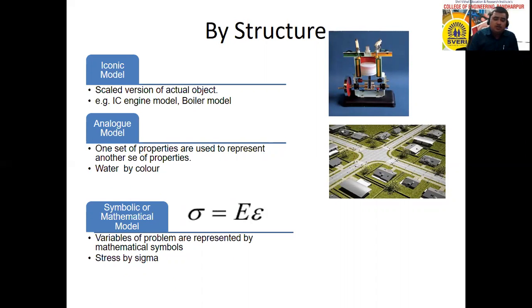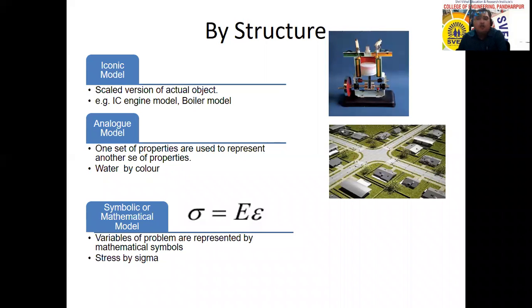It shows how the building will look, or where which sections will be. I think you have seen that too, building sections and building models. So these are called iconic models, where small icons are prepared from the actual object.